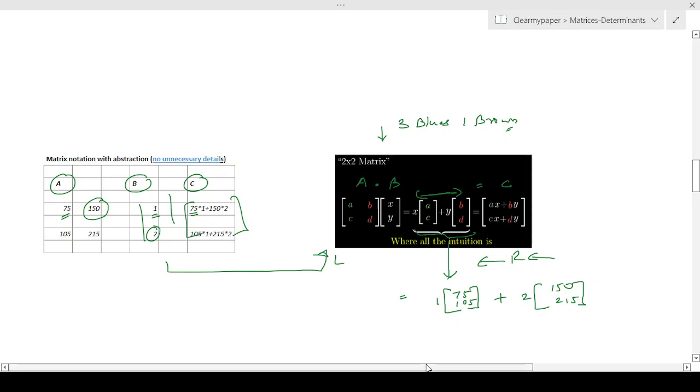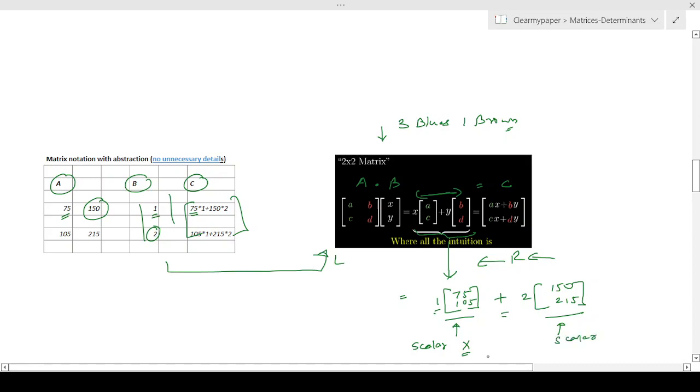Interestingly, if you focus on this piece or this piece individually, what it is basically doing is taking a matrix with 1 column and 2 rows and applying a number. So this is nothing but scalar multiplication, and then there is an addition.